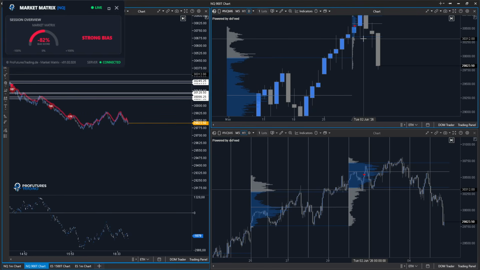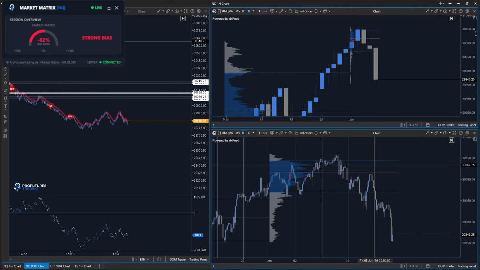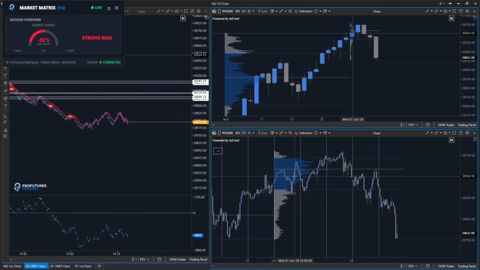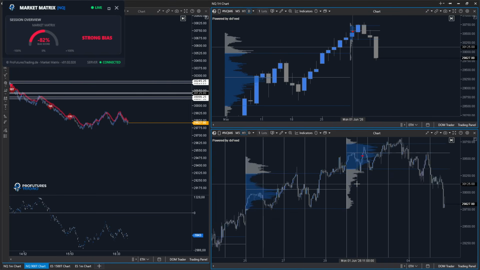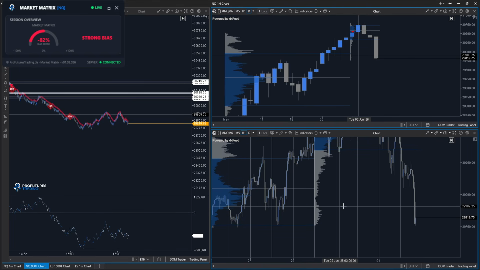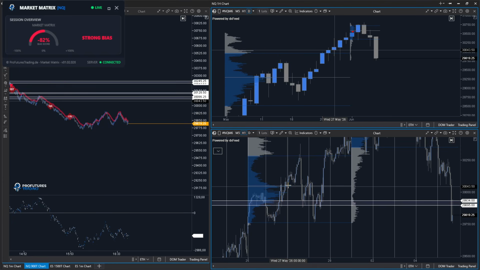Then we have also the 1 hourly chart. So this is the monthly volume profile with the daily chart, and this is in the 1 hour chart the weekly profile. So you can also do this, aim for the weekly profile edges.